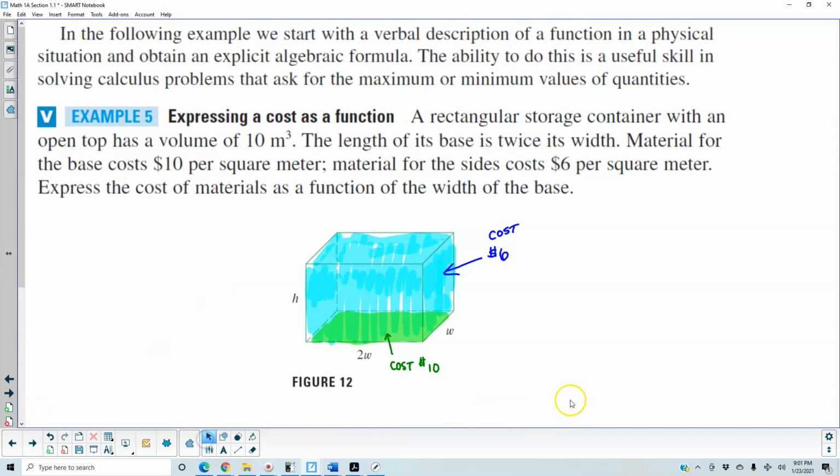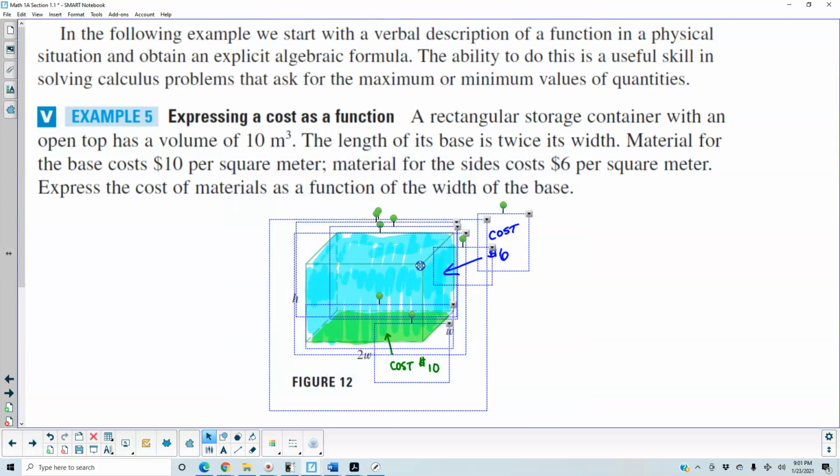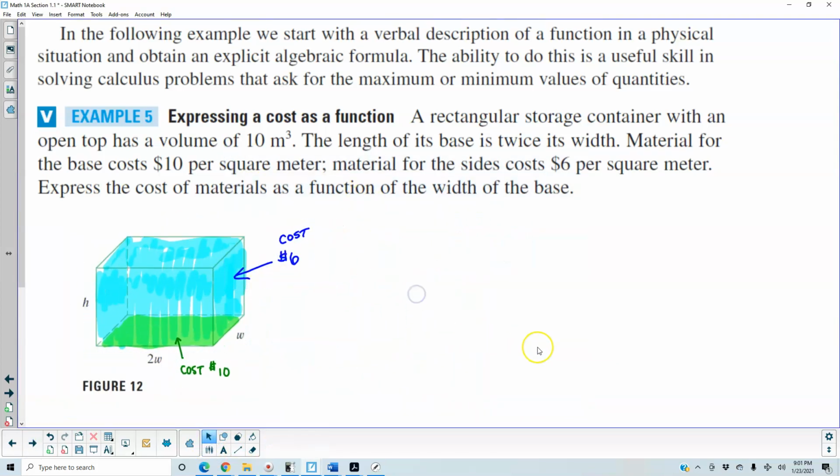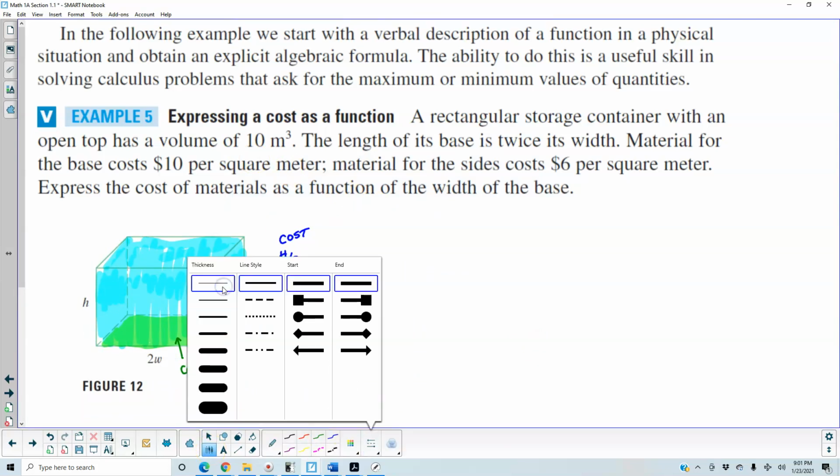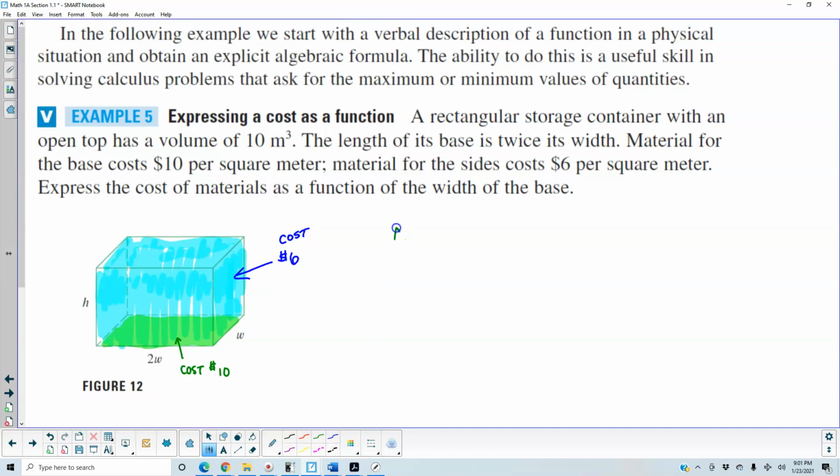So the next thing we want to do is find the area of each particular item that we're dealing with. We know that the area of the base is the following.